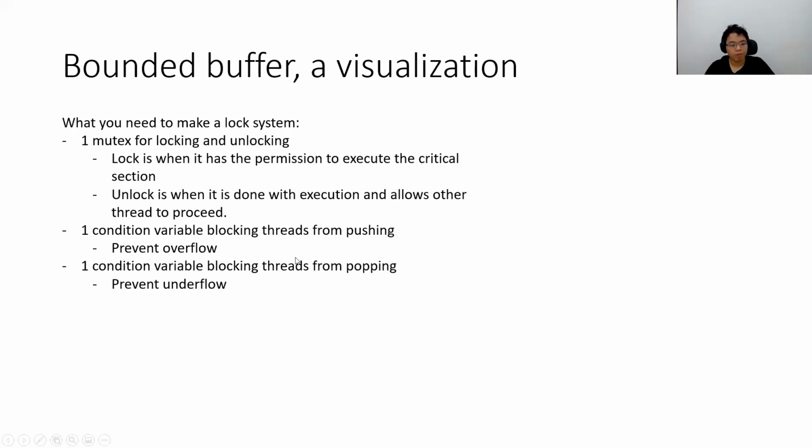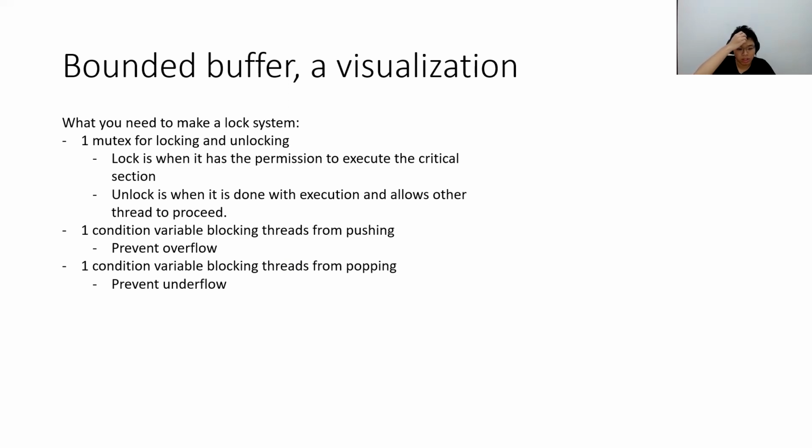So you want to make sure there's no duplicate, there's no underflow, and there's no overflow. To make a lock system, and this is what you will actually put in your .h, the synchronization needed in the bounded buffer .h is one mutex for locking and unlocking. Lock is when the thread has the permission to execute the critical section.